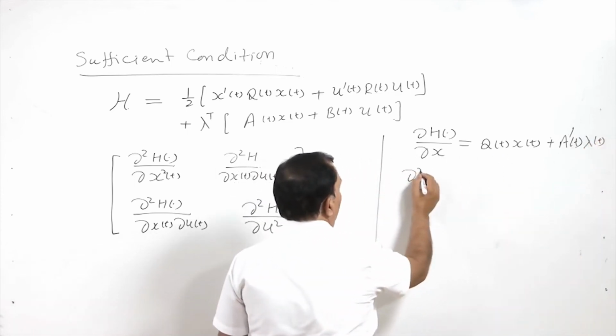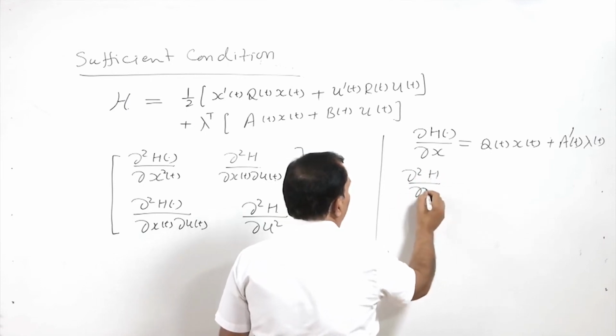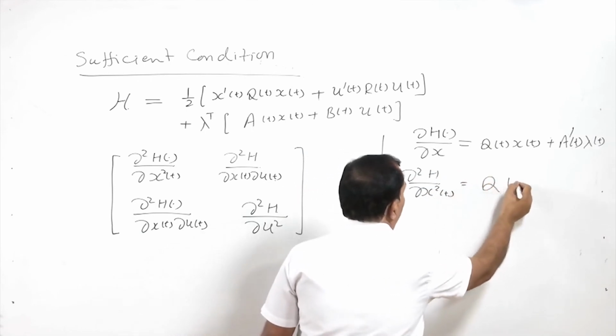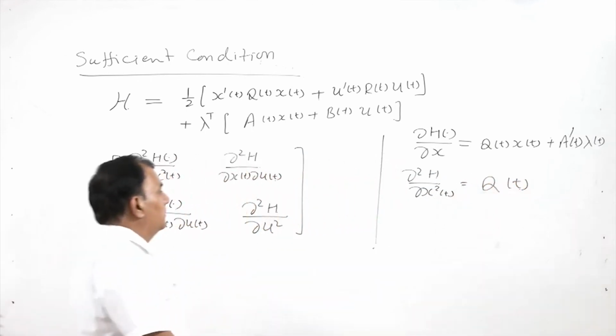So, del 2H by del x square is nothing but Q(t).